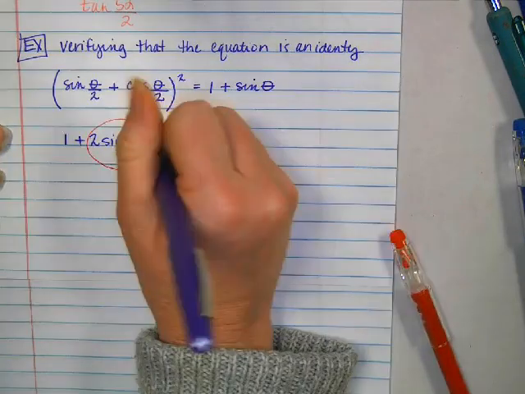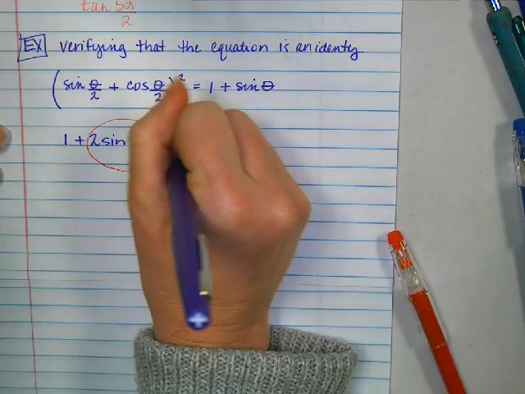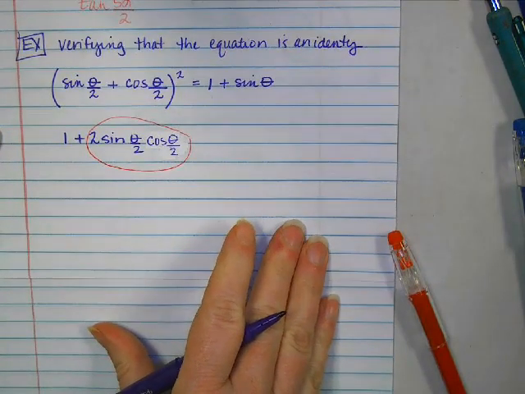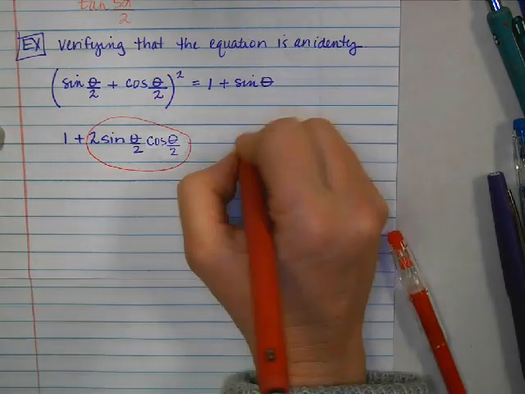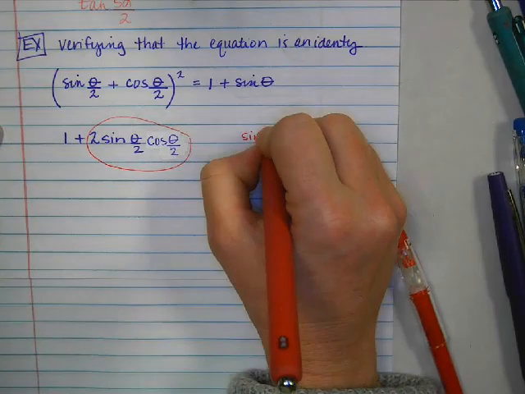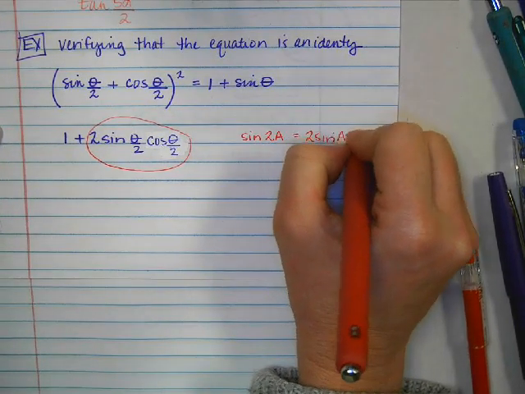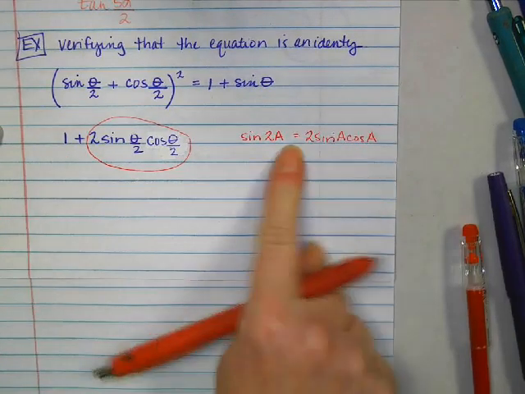Okay, so do you have your identities from yesterday? The identity that we learned yesterday looks like this: sine of 2a equals 2 sine a cosine a. So that's this right here.